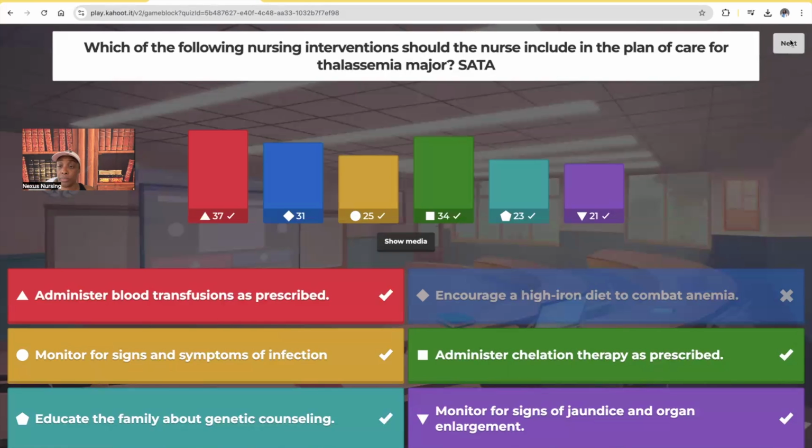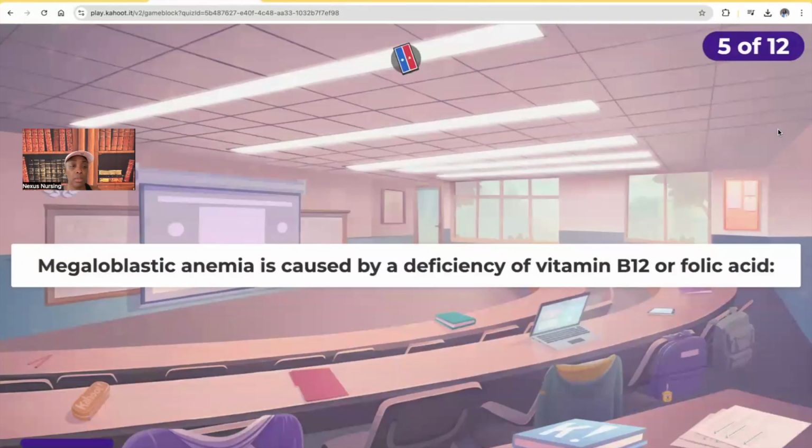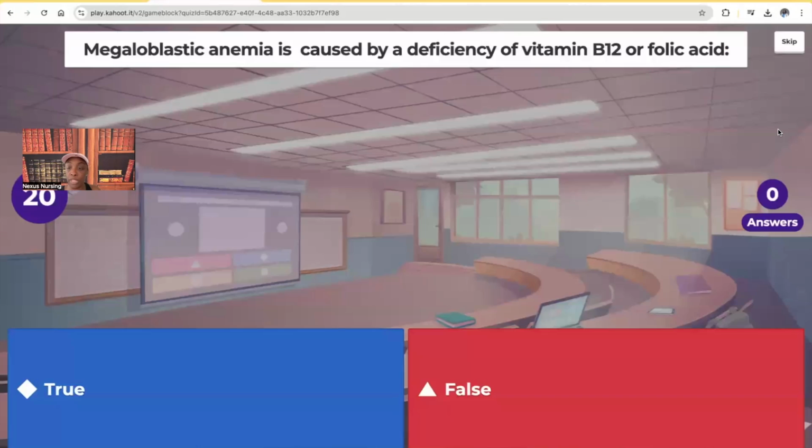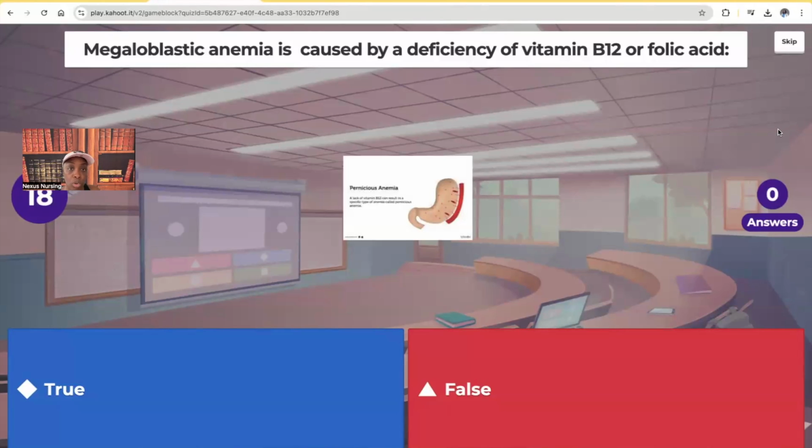All right, moving on. True or false? Megaloblastic anemia is caused by a deficiency of vitamin B12 or folic acid. Is this true or is this false?